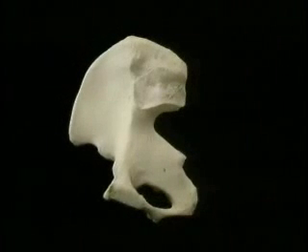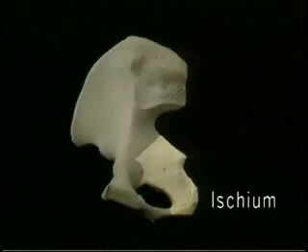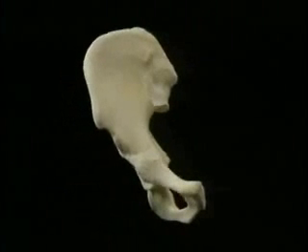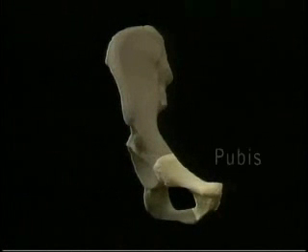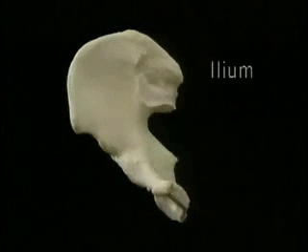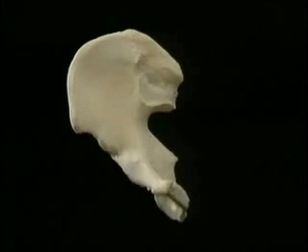It develops by the fusion of three originally separate bones: the massive ischium below and behind, the more lightly constructed pubis below and in front, and the broad ilium above. We'll look at the ilium first.